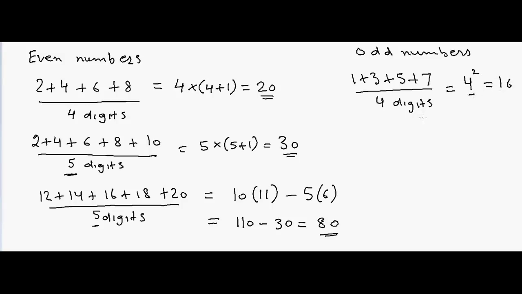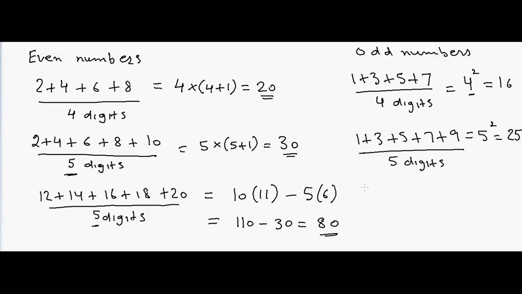You can see it's just 4 square. Another example, 1 plus 3 plus 5 plus 7 plus 9 is 5 digits. So the answer is 5 square, that is 25.